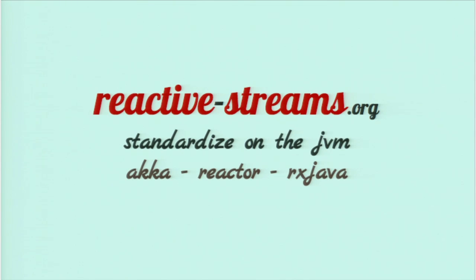And there are three main implementations: Akka Streams, Reactor from Spring, and RxJava. But RxJava has been around for a bit longer, so there is a more diverse API. RxJava offers lots of operators, and Reactive Streams is just specifying the publisher-consumer side of things, and something called back pressure, but we'll come to that later.